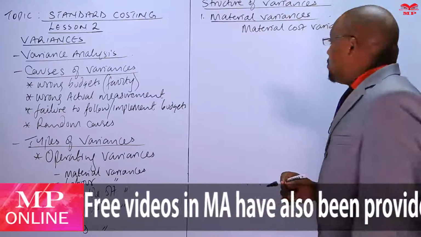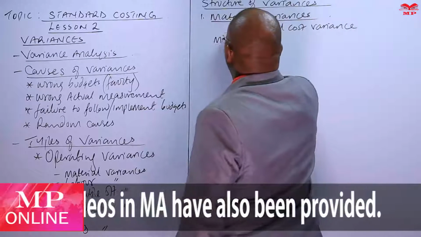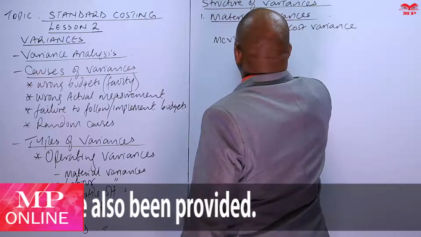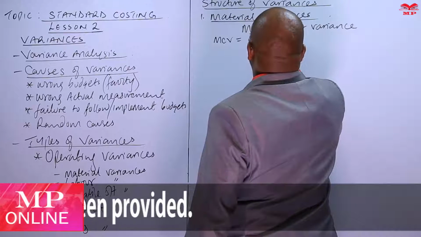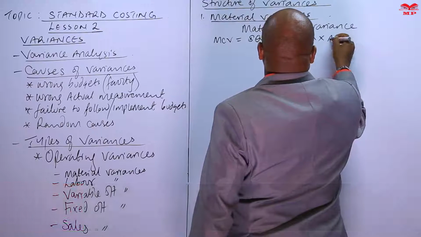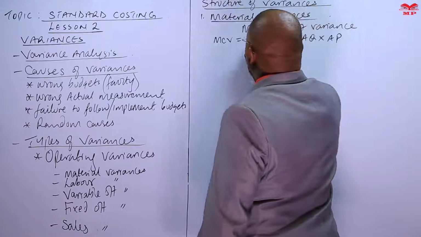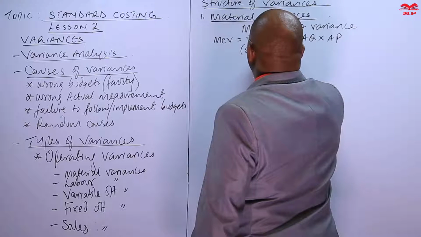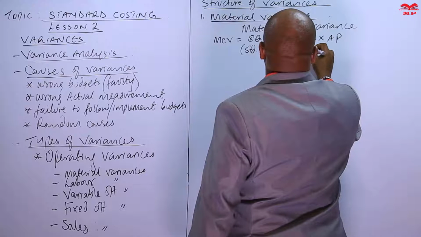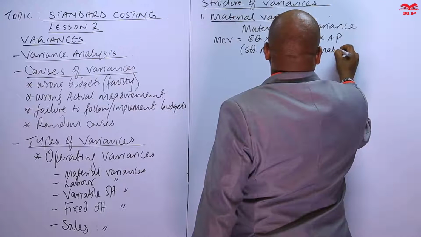Now, the formula for material cost variance, this is MCV, is given by the standard quantity times standard price minus the actual quantity times actual price. This means standard material cost minus actual material cost.